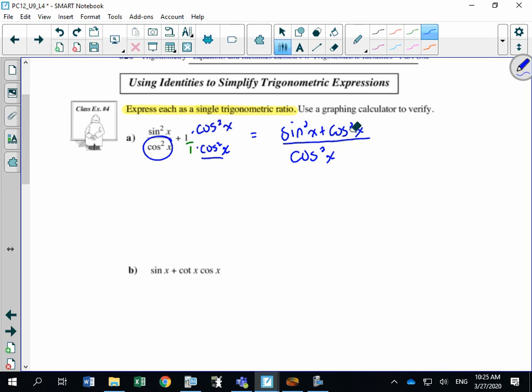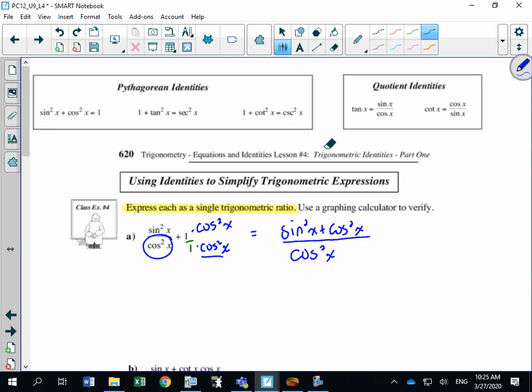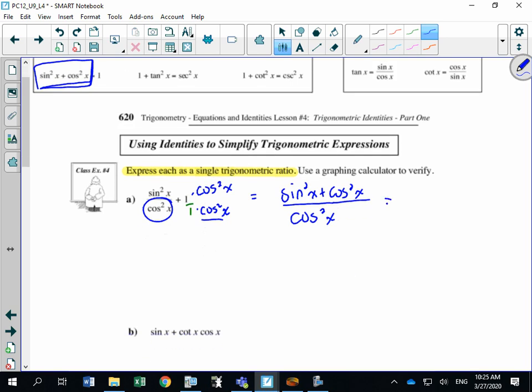This is an identity. You're going to get good at this identity later on, the more practice you get. For now, you're going to have to look at your formula sheet and ask what the identity for sine squared theta plus cos squared theta was. This is my favorite identity, because I take this out, and that is equal to 1. So I could replace it with 1, and that's 1 over cos squared x.